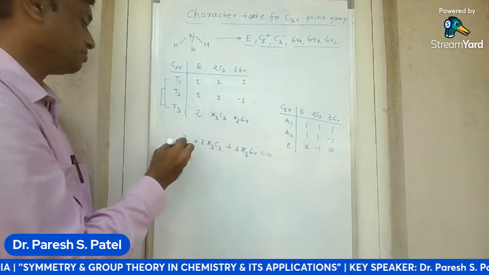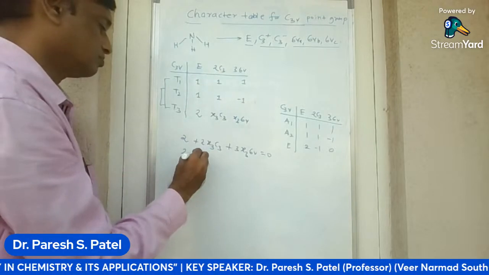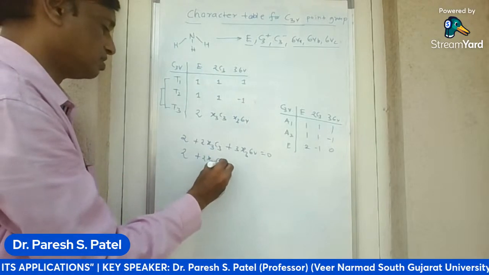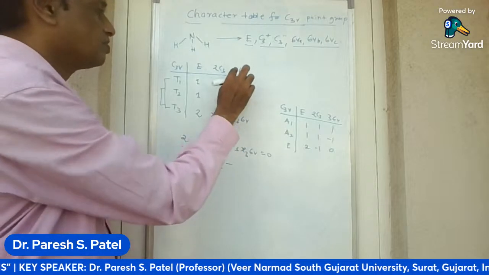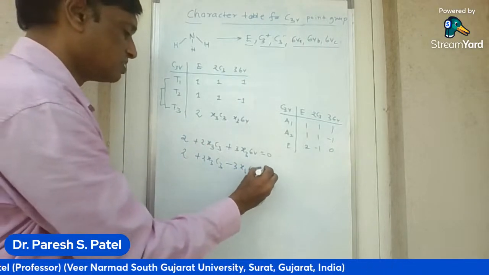For T2 and T3: 2, plus 2 character 3C3, minus 3 character 3 sigma V is equal to 0.